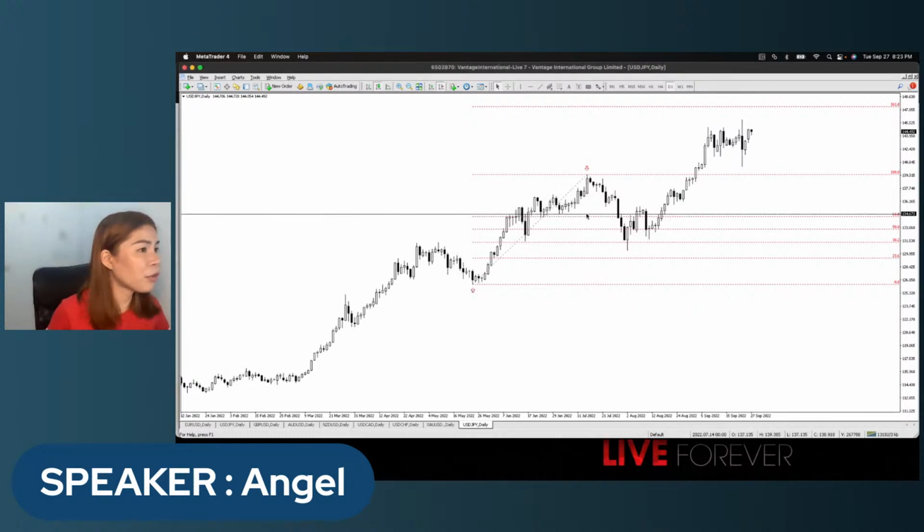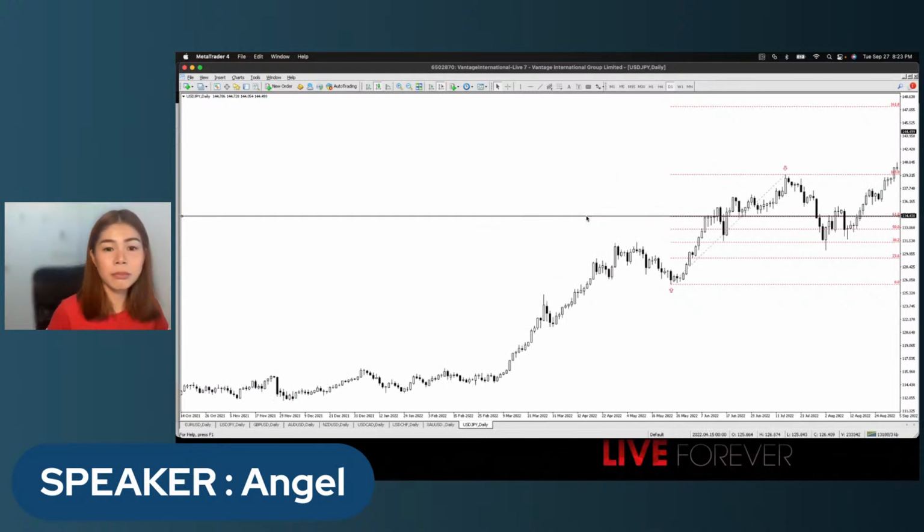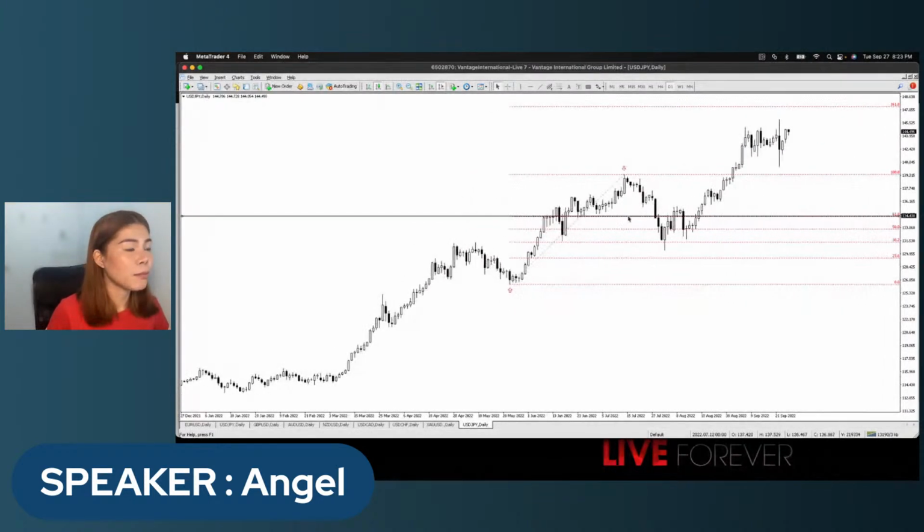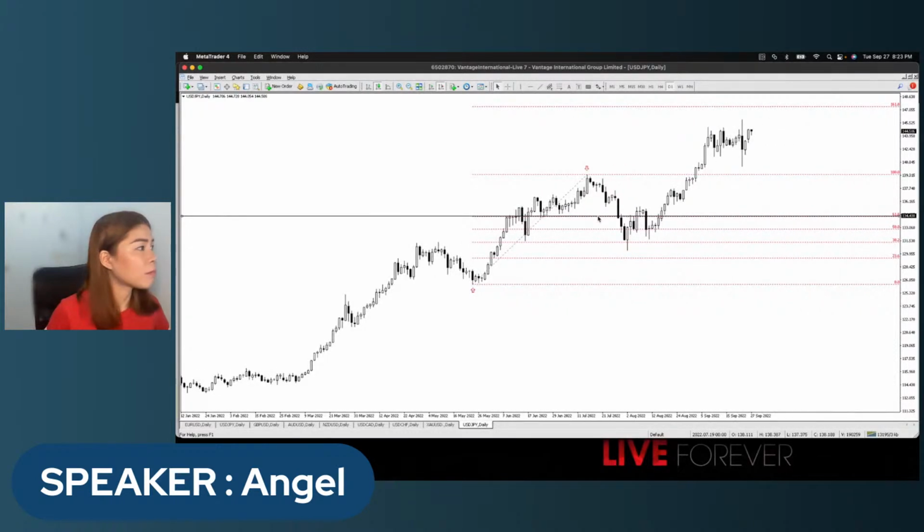I don't prefer to buy exactly here. I prefer to buy somewhere here. I don't want it breaking down over there, but as you can see, let me delete this first.